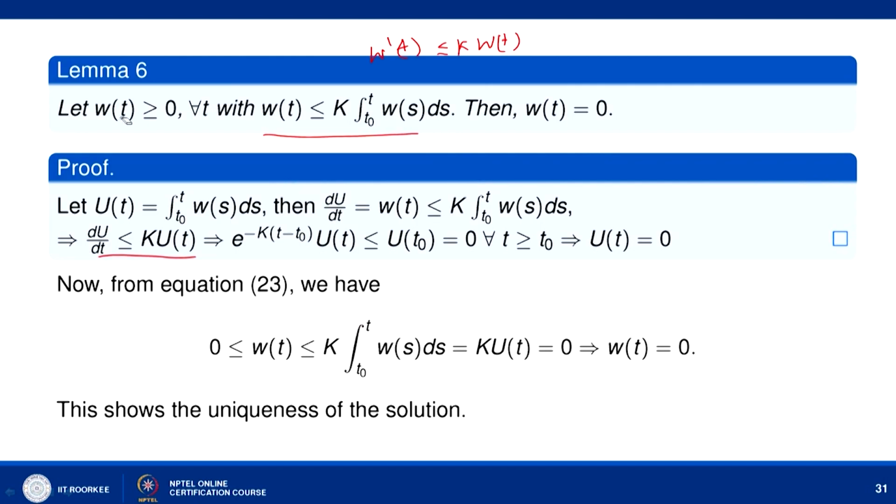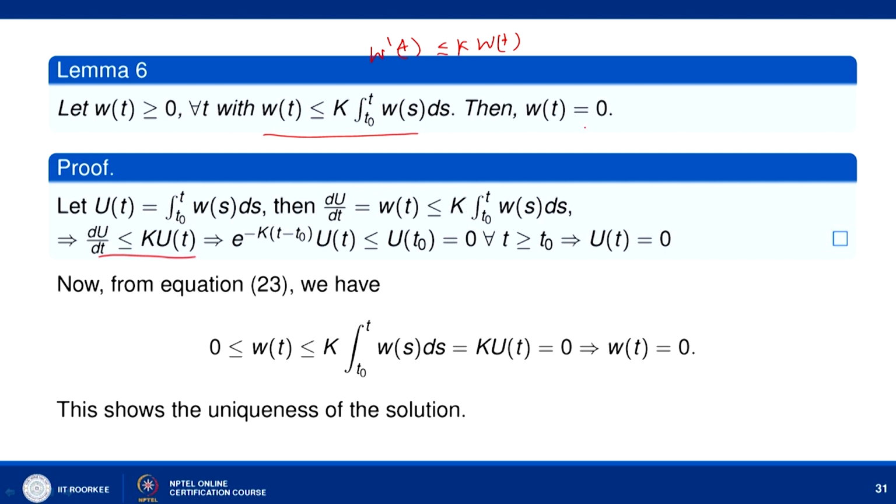So, we want to prove that, let w(t) be non-negative, and for every t, w(t) satisfies the following inequality: w(t) is less than or equal to k times the integral from t naught to t of w(s) ds. Then we want to show that w(t) is equal to 0.